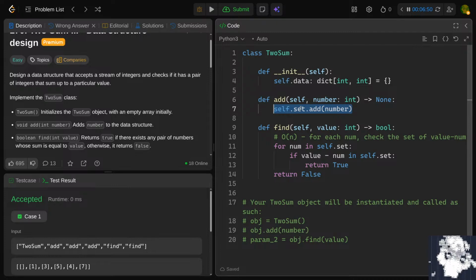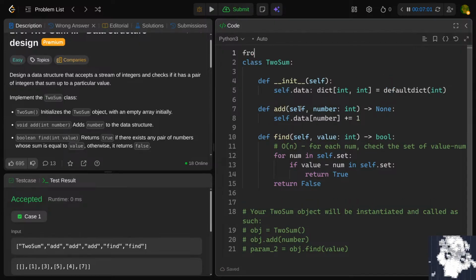So when you get a new number, you do self.data[number] += 1. Should be a defaultdict of int, from collections import defaultdict.